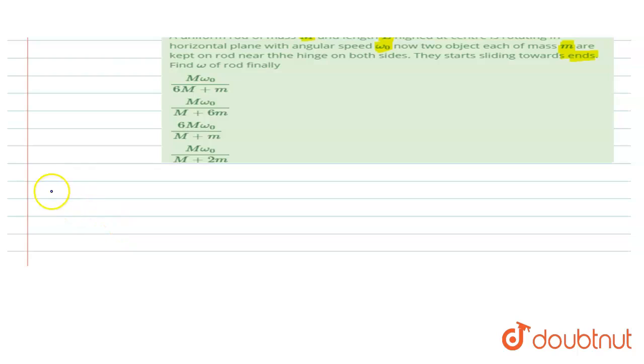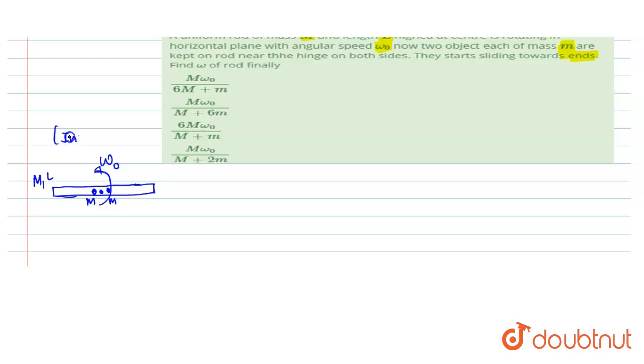So here we have a rod of mass M and length L, and there are two objects of mass small m at its center, and this whole system is rotating with the angular speed omega naught.